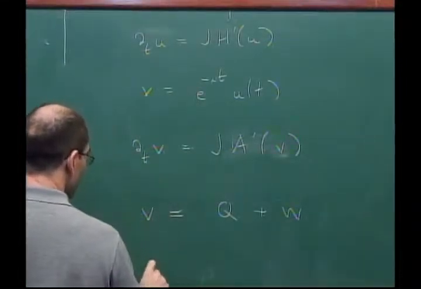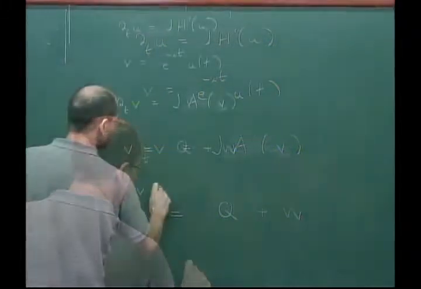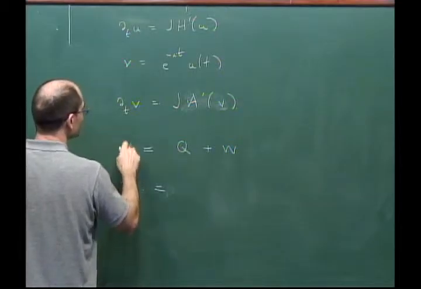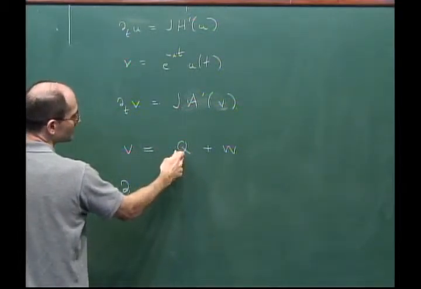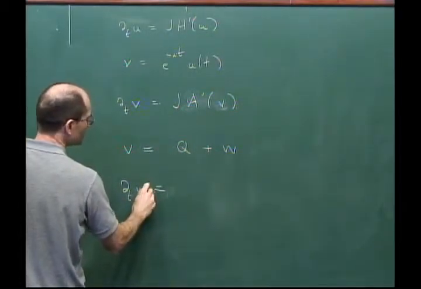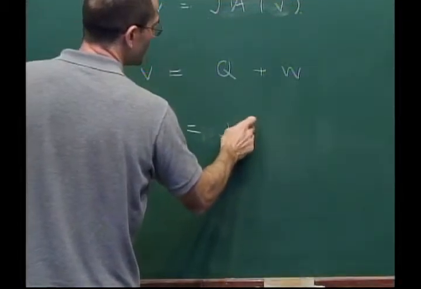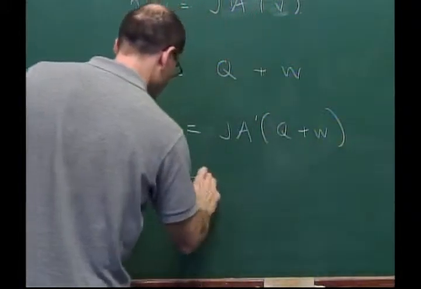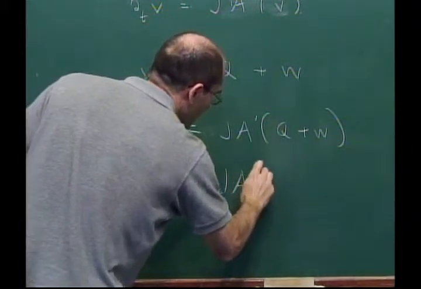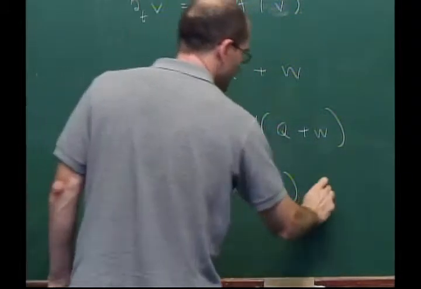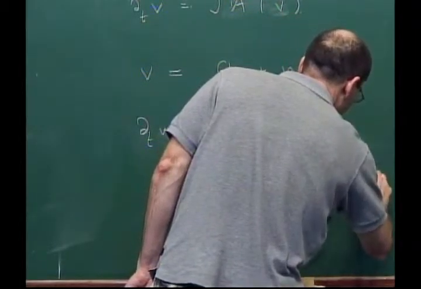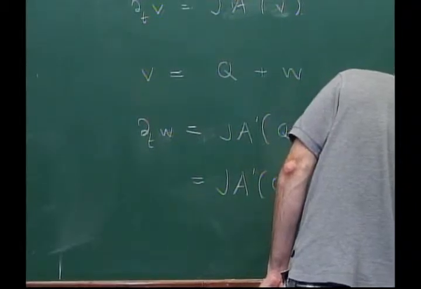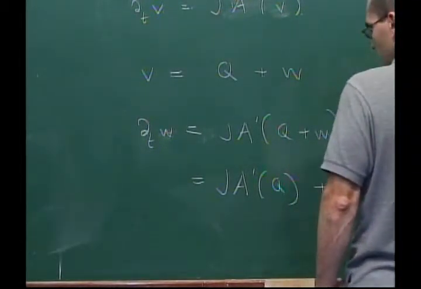And then you would have dt v equals, plugging into this equation gives you, Q is now stationary, so it's dt w is equal to J A prime of Q plus w, which is J A prime of Q plus J A double prime of Q w plus O of w squared.